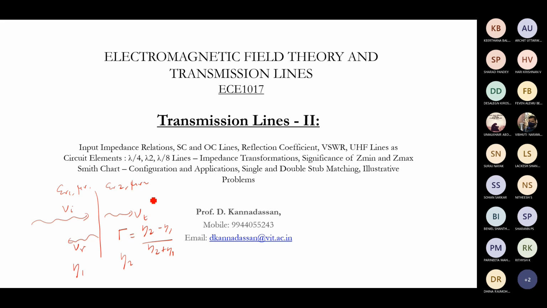So we are going to study those aspects, and ultimately our main objective is to make this reflection coefficient 0. There is only one possibility: the numerator is supposed to be 0. So how is it possible? When both the impedances are the same. In the case of mediums, it is possible by having values like epsilon or mu be the same.